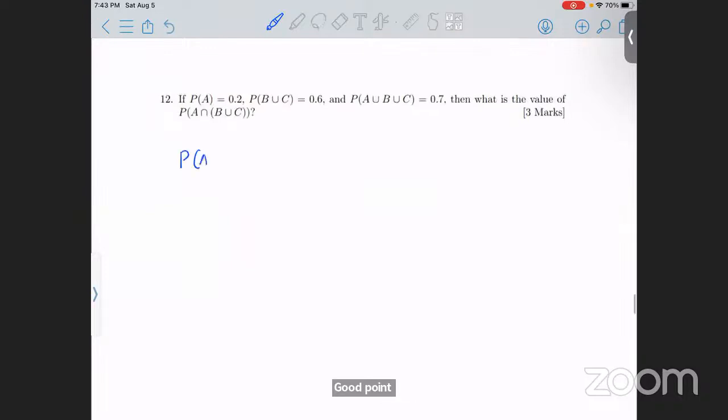Here, P of A equal to 0.2 and P of B union C equal to 0.6. Let us take P of B union C as D. So P of D equal to 0.6.